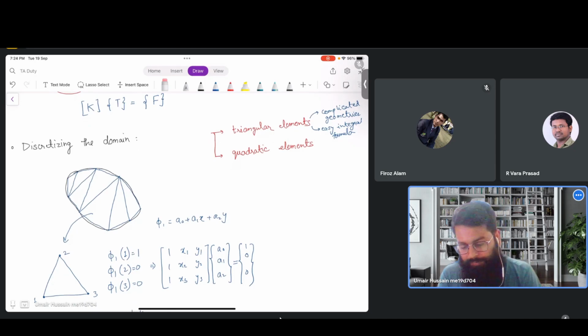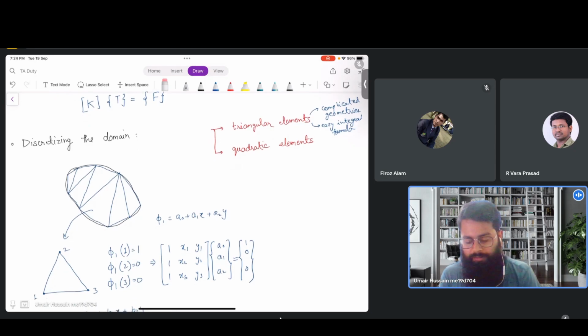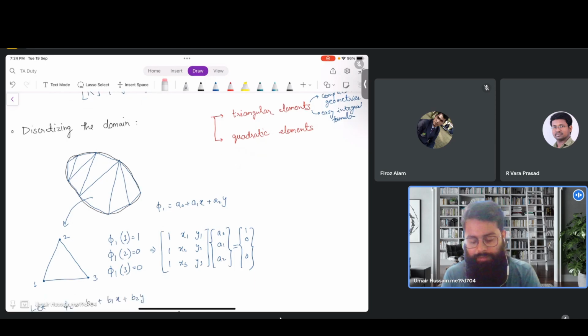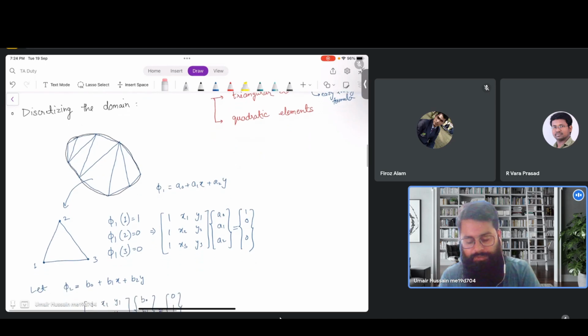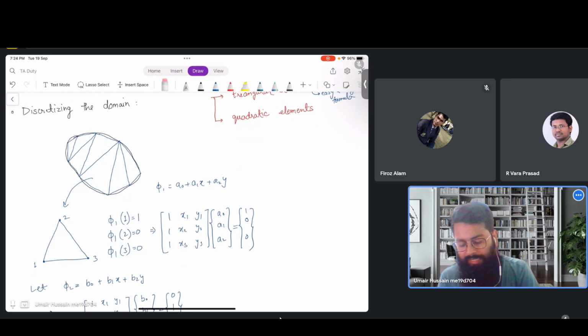Okay, so yeah. So far in this week's lecture we have studied only triangular elements and how we can form the approximation function. So suppose we take any triangle with nodes 1, 2, 3.